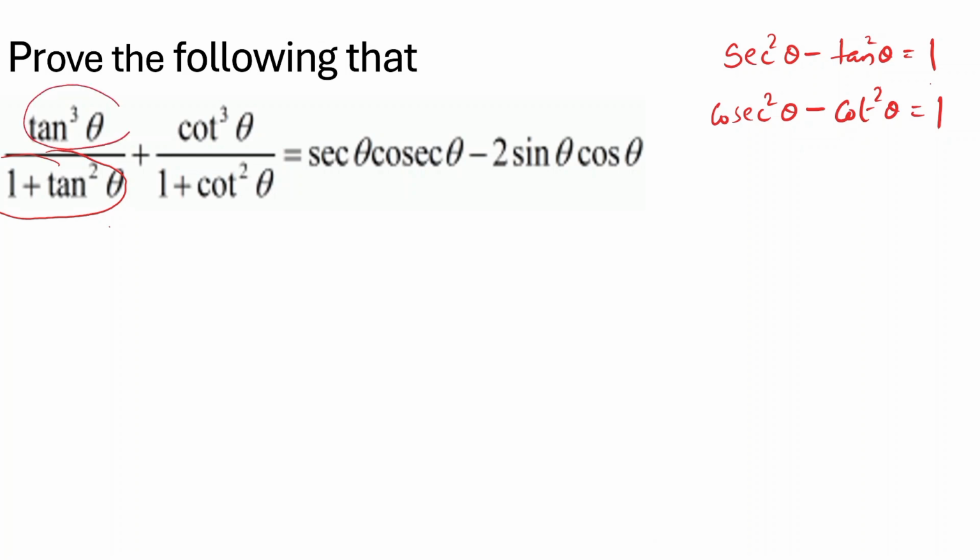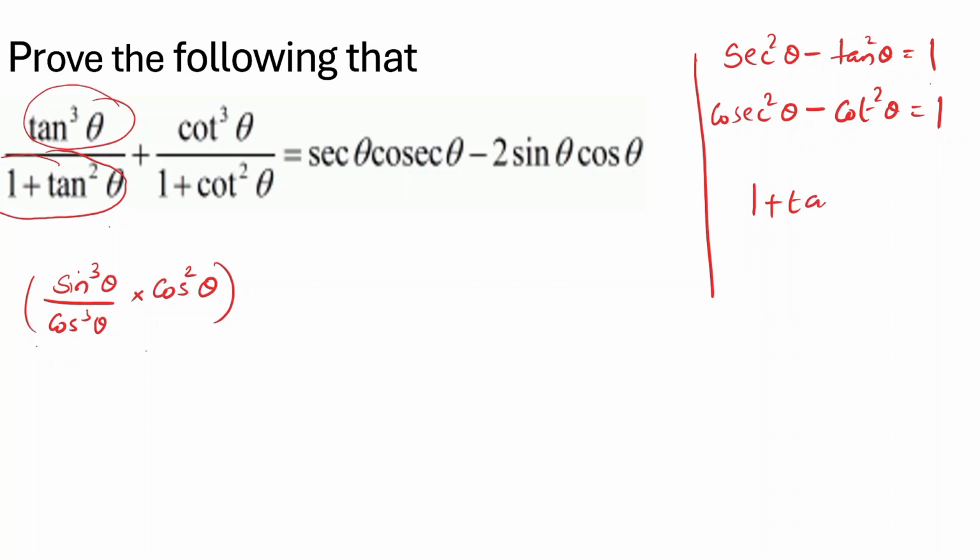And instead of tan cube theta, I am writing sin cube theta divided by cos cube theta. And instead of 1 by sec square theta, I can write cos square theta. I hope you understand. 1 plus tan square theta is sec square theta, and 1 by sec square theta is cos square theta.